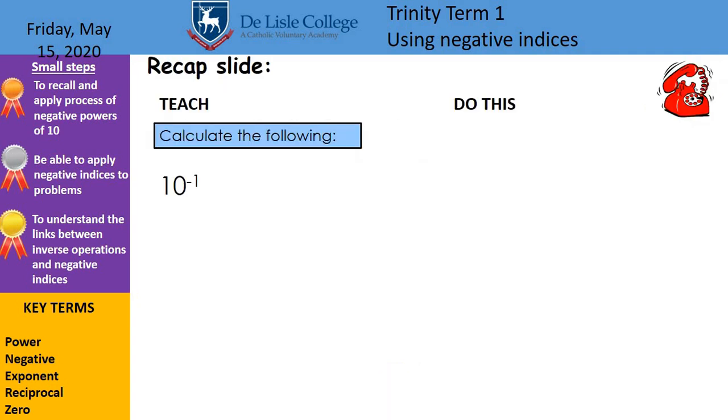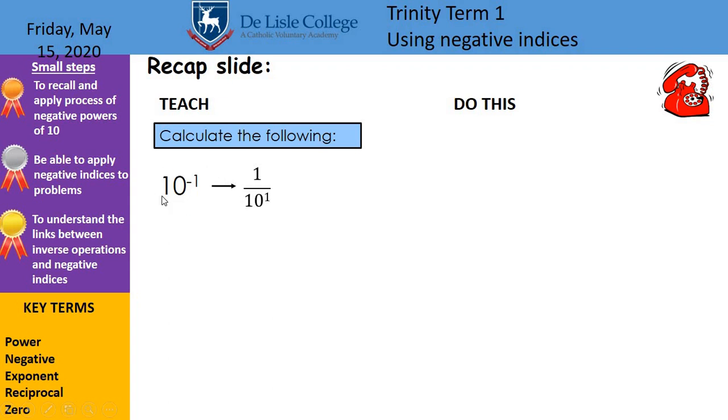Okay, so first things first is a recap slide. So again, you've looked at this earlier on in the topic. So we're going to calculate this idea of 10 to the power of negative 1. So you'll notice our exponent here this time is a negative 1 rather than a positive 1. And when you're using a negative exponent, you actually turn your calculation into 1 as your numerator and then 10 to the power of positive 1 as your denominator.